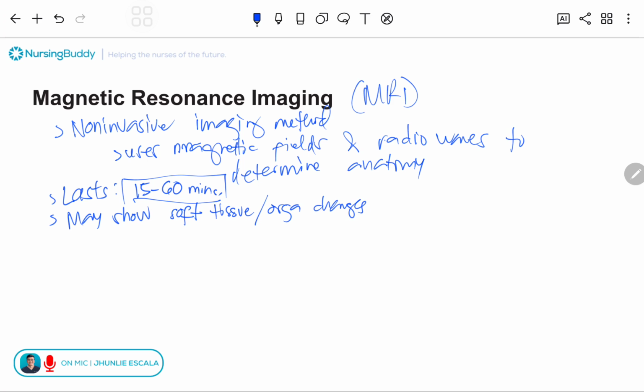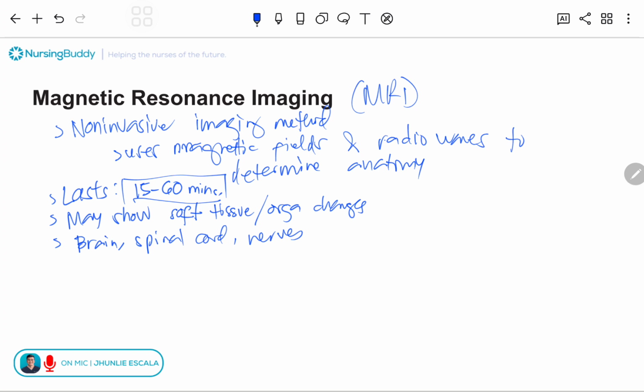Okay, so tandaan po natin yan. So, it is best used for your brain, spinal cord, kapatid, also with your nerves.